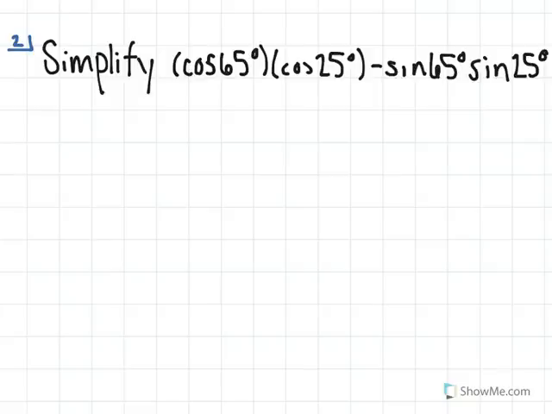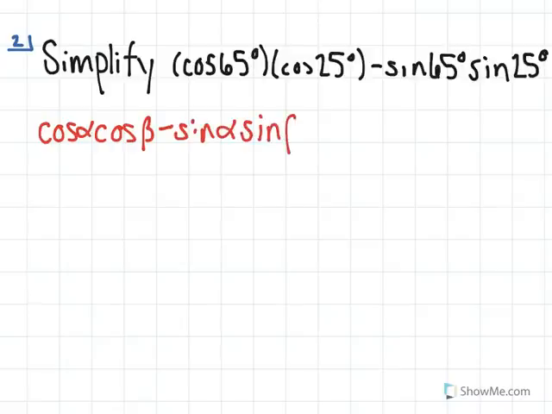In this problem, we're asked to simplify cosine of 65 degrees times cosine of 25 degrees minus sine of 65 degrees times sine of 25 degrees. So we can notice that this is in the form cosine alpha cosine beta minus sine alpha sine beta, where 65 is our alpha and 25 is our beta.